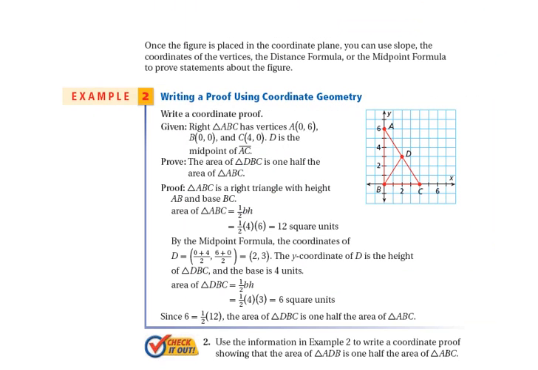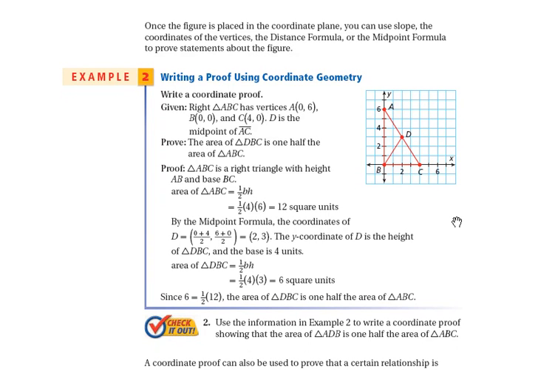If we take a look at an example on the next page here, one of the things with doing coordinate proofs is you want to make sure, because of the algebra involved, that you're familiar with some formulas. A couple of formulas that are common would be the distance formula and the midpoint formula.